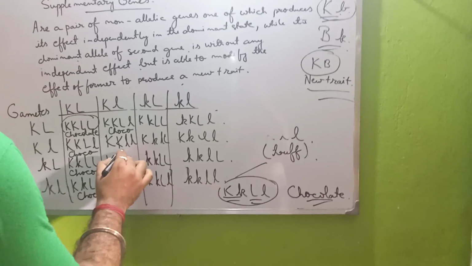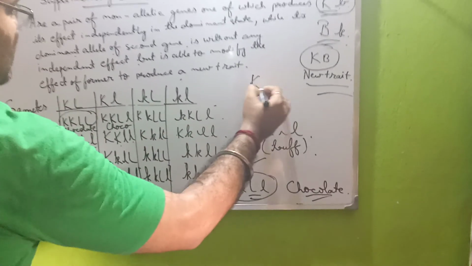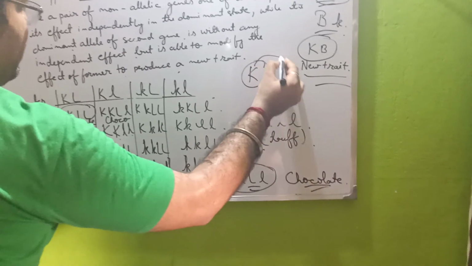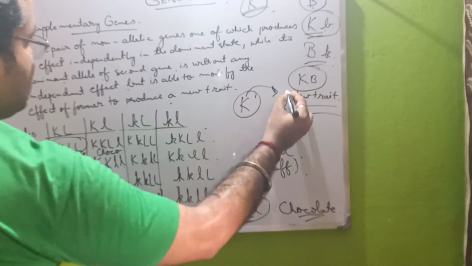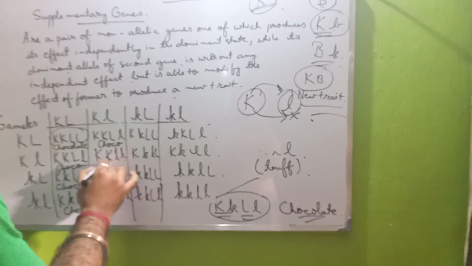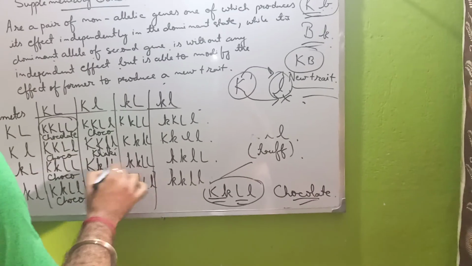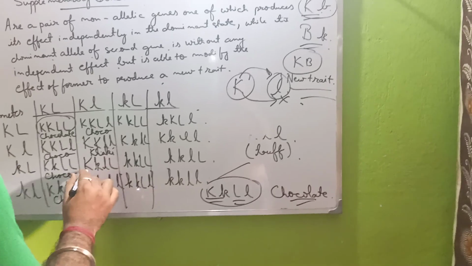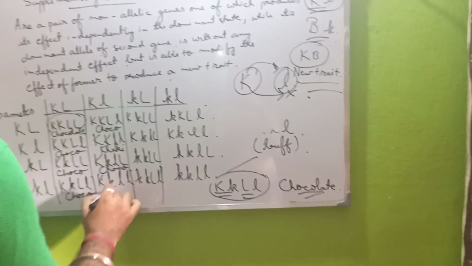Here only capital K is present and small l, so it will not produce any effect, since as I said, when the K gene is dominant, whatever the condition may be, if the other gene is recessive, then it will not be able to produce its effect. So over here it will be khaki color. This one again has capital K and capital L, so it will be chocolate color.